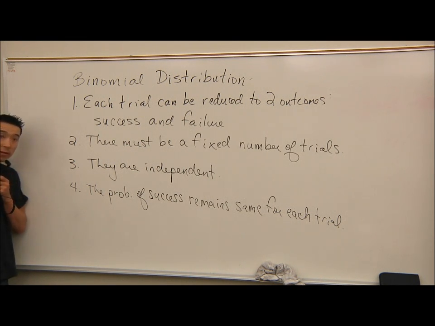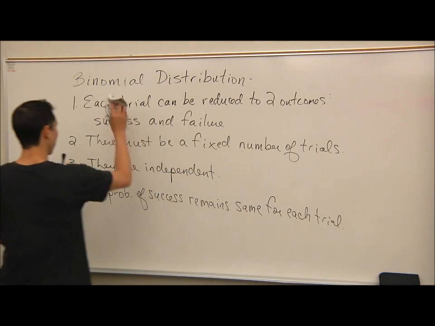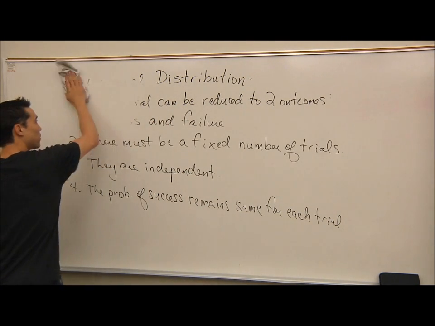Okay, so these are the 4 things that we're looking for. Now I'm going to do an example. So let's say, for example, I flip a coin 10 times, and I want to see the probability of getting exactly 3 heads. So let's take a look at that. That is an example of a binomial experiment.